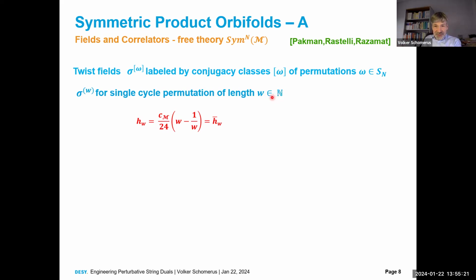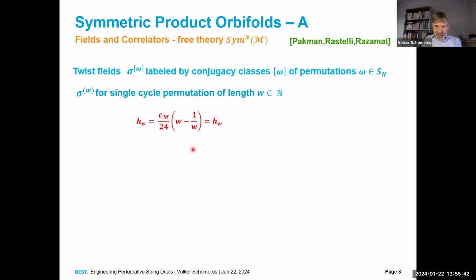Of course, a cycle of length 1 is trivial, but a cycle of length 2 is just a permutation of 2 neighboring objects, and so forth. These will play the same role as single trace operators in large N gauge theory. That's why the single cycle permutation is the analog of the single trace.